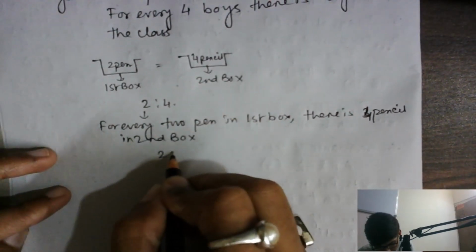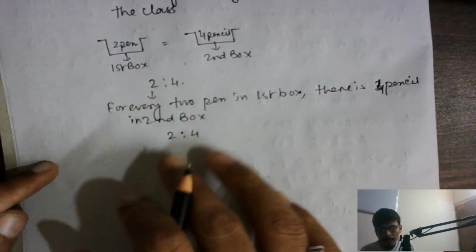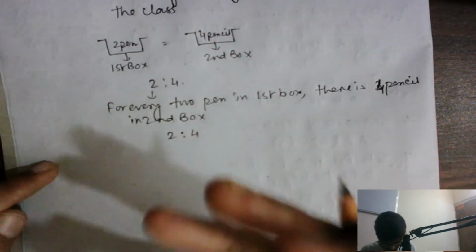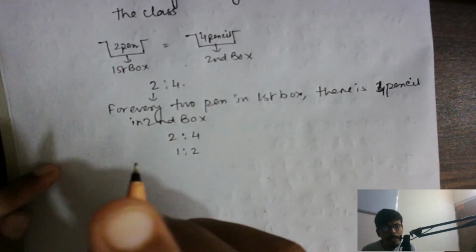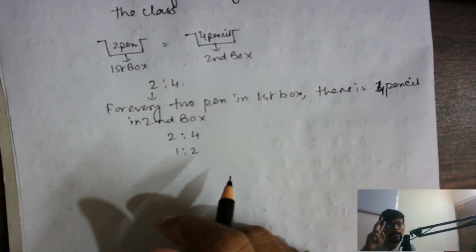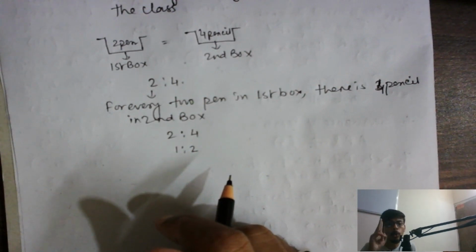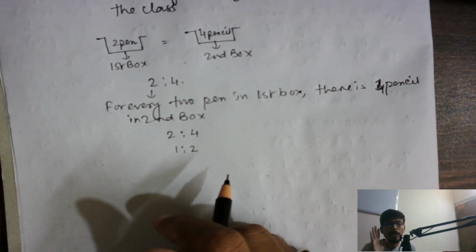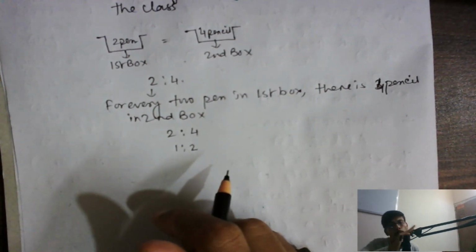If I simplify this, it becomes 1:2. It means for every 1 pen there are 2 pencils. एक पेन जो है ना वो 2 पेंसिल के बराबर है. That is the meaning, that 1 pen is equal to 2 pencils. Not actually equal to, you can say it belongs to 2 pencils.